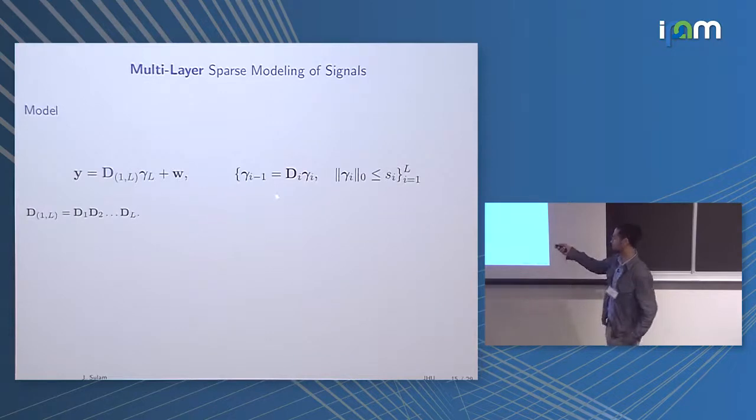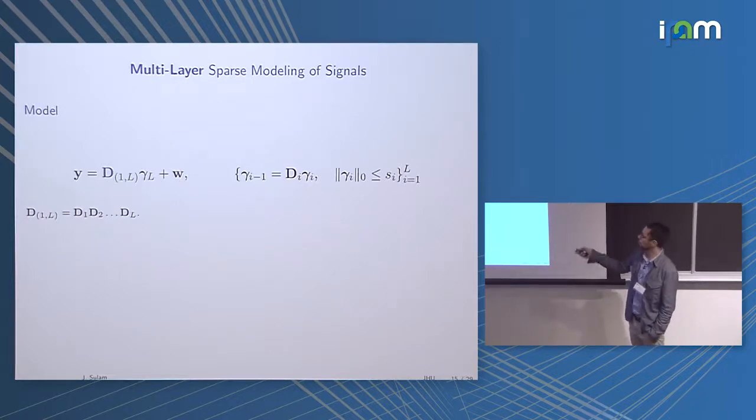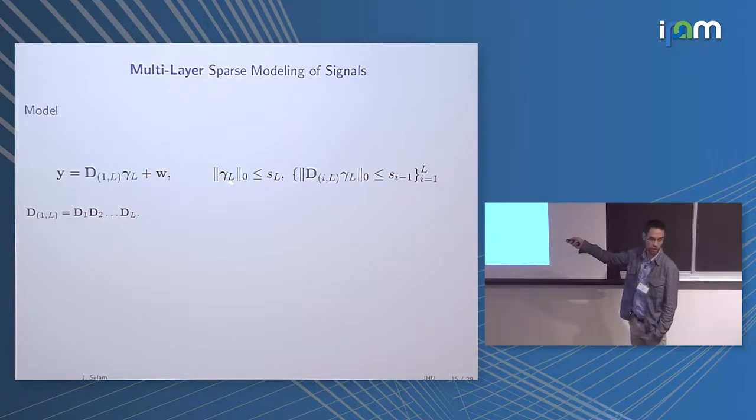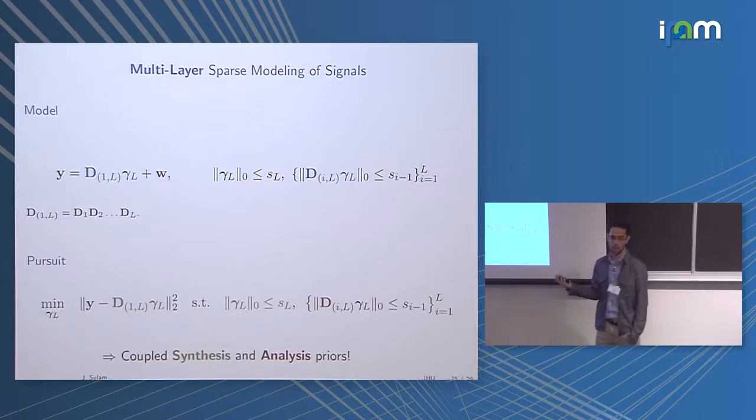And also the requirement that gamma i minus 1 should be D_i gamma i, and they should also be sparse, can be written in terms of saying that the last representation will have to be sparse, and also all these intermediate ones, again in terms of these effective dictionaries, will also be sparse. If this is your model definition, then the pursuit that you should carry out should be posed in this way.